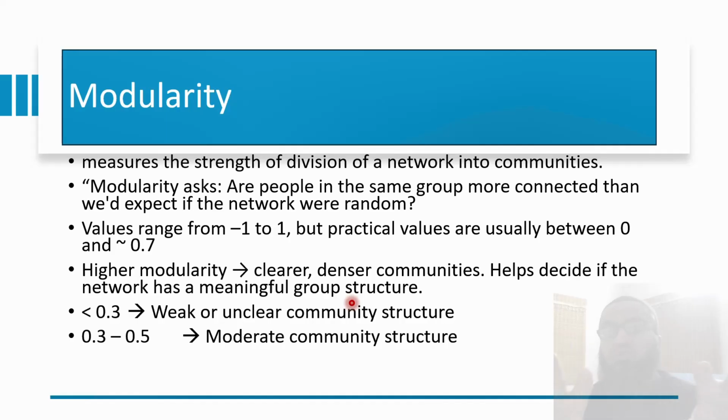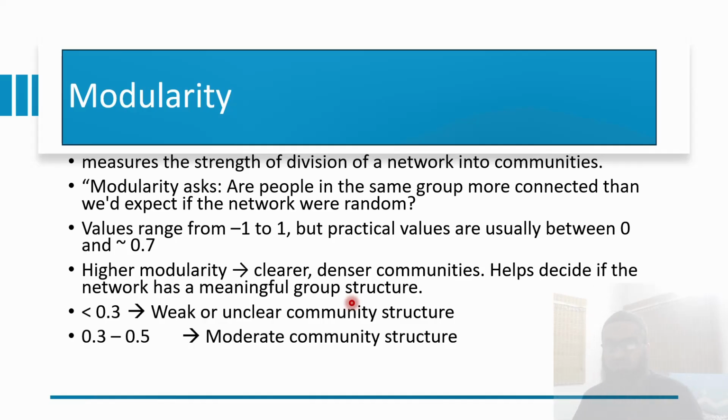So we can have three or four Conquer groups, but the modularity of this network, when we have made groups based on Conquer, will be very much close to 0. Why? Because the groups we have made are not inherently connected among themselves and not less connected across the groups. So the value ranges from -1 to +1, but practical values are usually between 0 and 0.7.